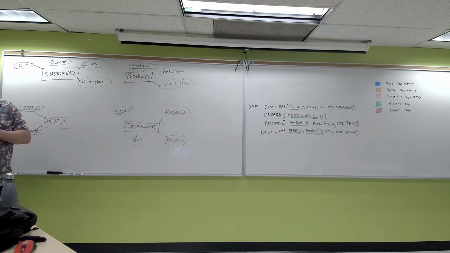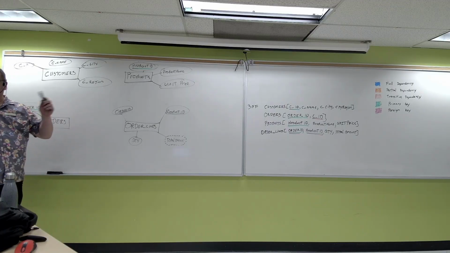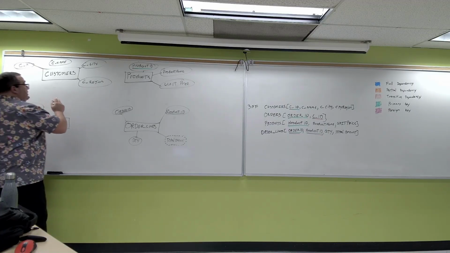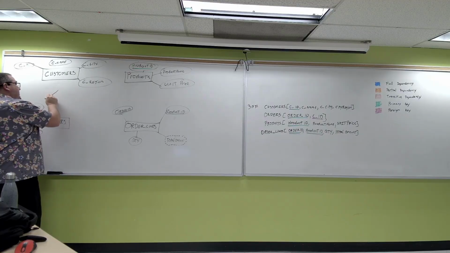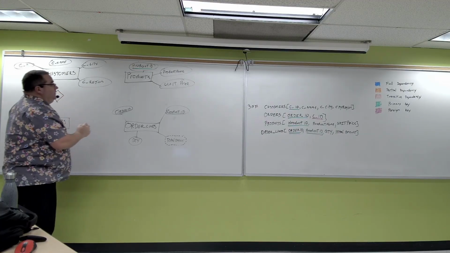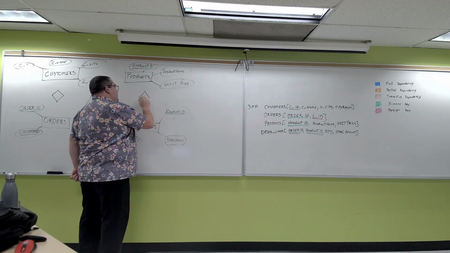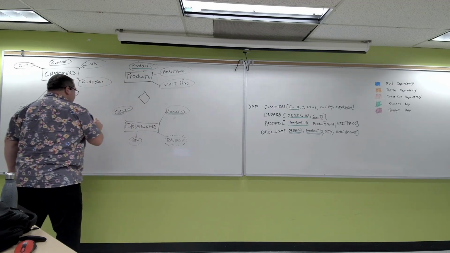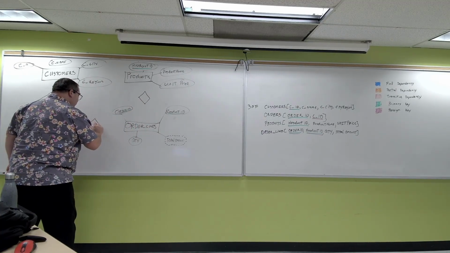We've got our entities and their attributes up. Now we got to do our relationships. Okay. So we know there's a relationship here. We know there's one here. I'm going to draw my diamonds in now, like such.